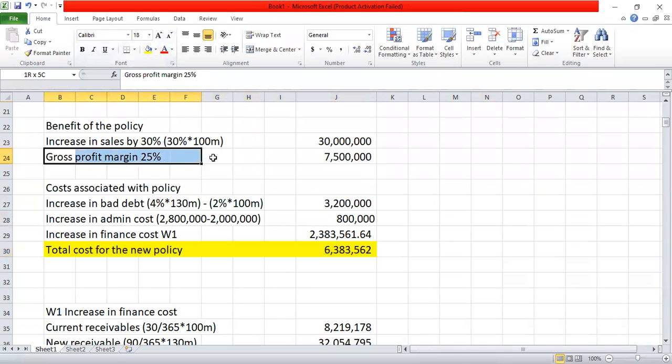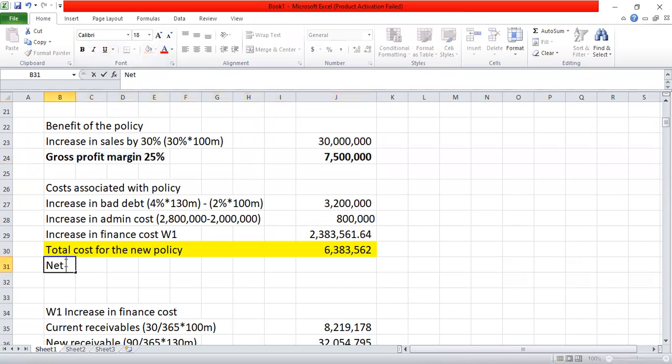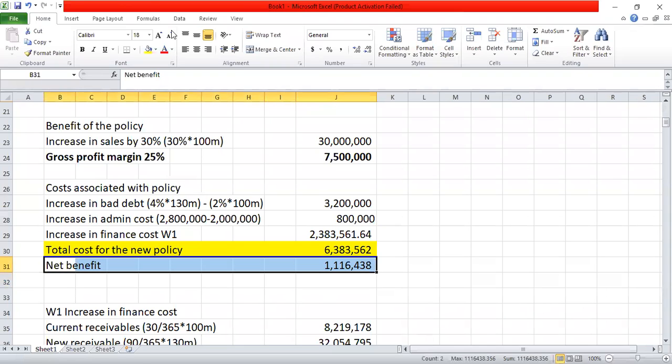And this is the benefit you are getting from the policy. So our net profit or net benefit will be the gross profit minus the total cost. So we are having a profit of 1.1.